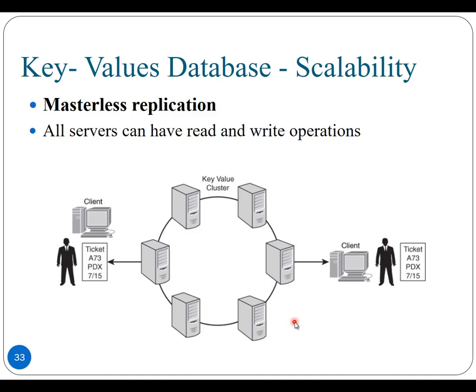So, different from master-slave, here we don't have different nodes. All of the nodes are at the same level, and they can do read and write operations in the cluster.